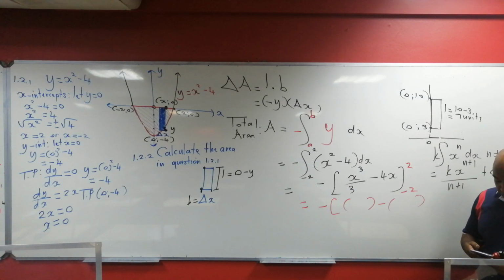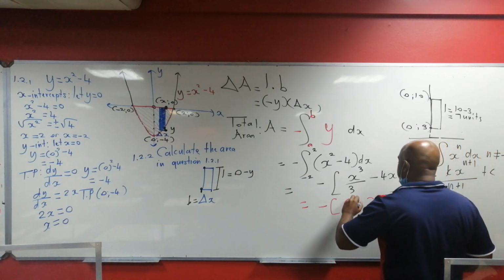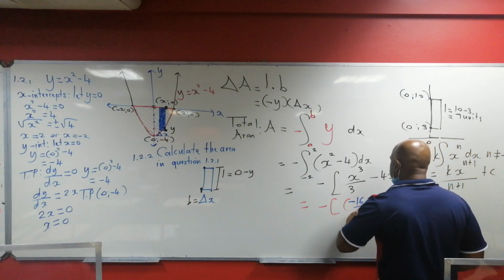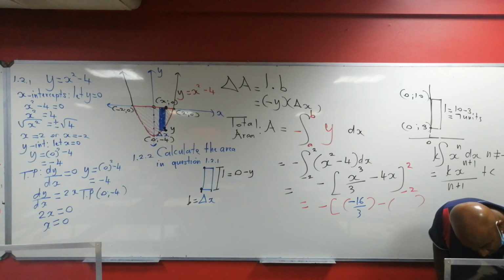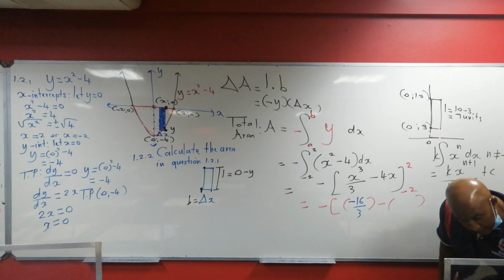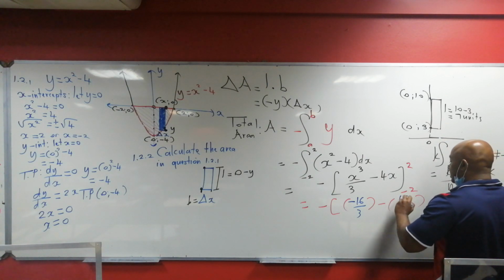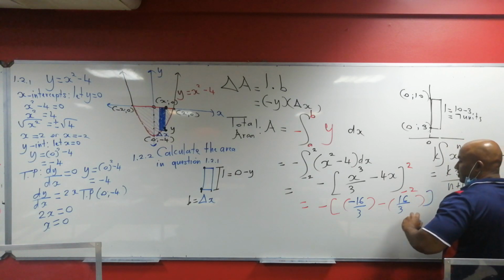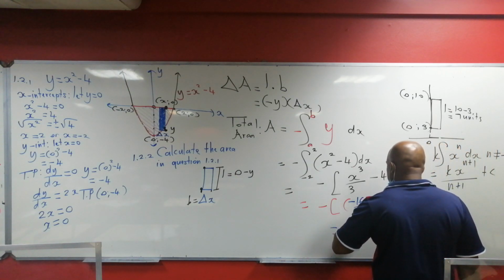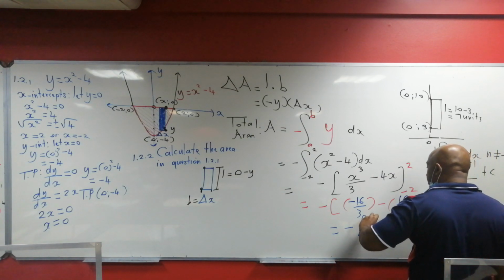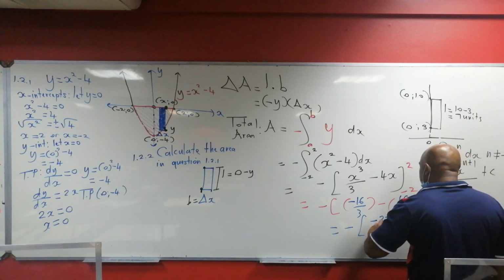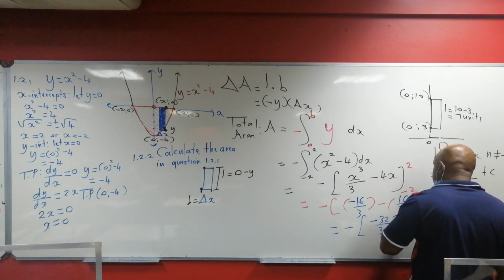So when I substitute 2, I get minus 16 over 3. Then when I substitute minus 2, I get 16 over 3. So minus 16 over 3 minus 16 over 3 is going to be minus 32 over 3.